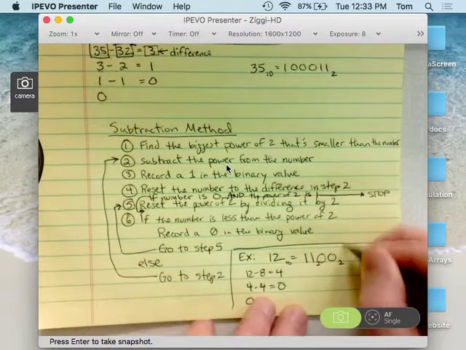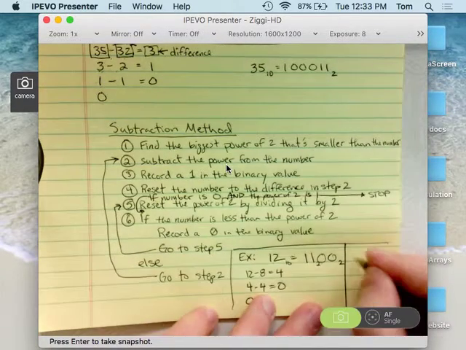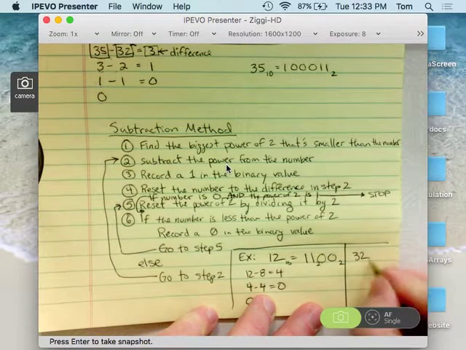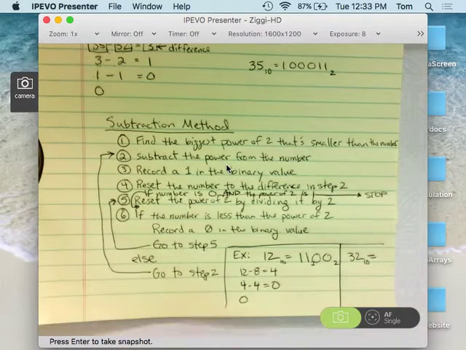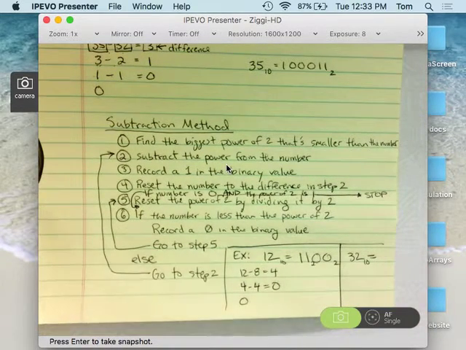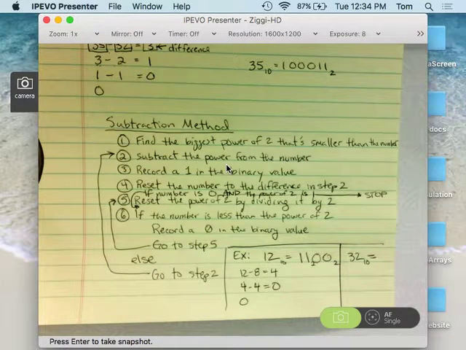What if I do another example where you're trying to convert 32 to binary? What should I do in step 1 to make this a little bit better? What do you think, Colin?